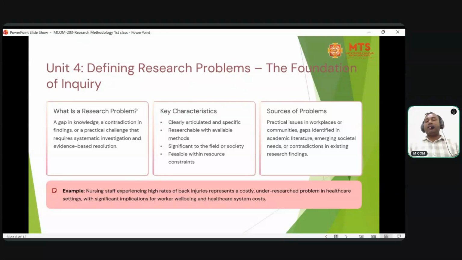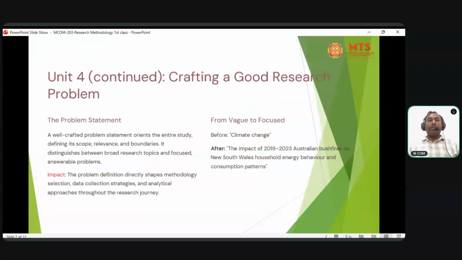For example, nursing staff experiencing high rates of back injuries represents a costly under-researched problem in healthcare settings, with significant implications for worker well-being and healthcare system cost. This is an example of a research problem.